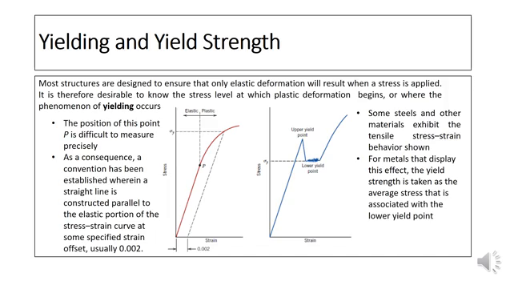Some materials have a different graph similar to the one shown on our left, and you will notice that this one has 2 points, the upper yield and the lower yield, and what is normally used is an average or the lower yield.